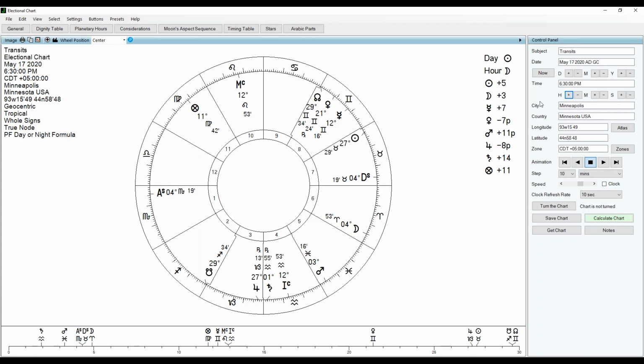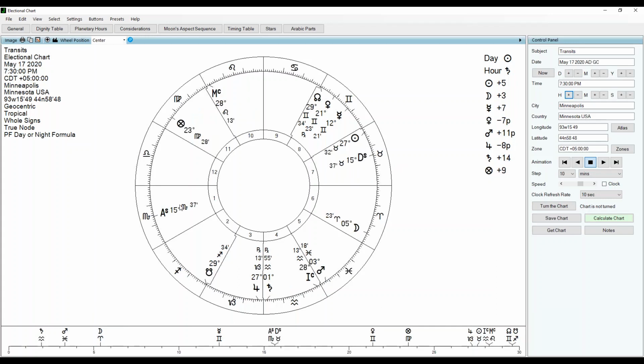And let's go 1 more hour to 7:30 p.m. and you can see it's closed even more. Now the distance between them is only 77 degrees. Now again, the horizon and the meridian have not changed. They are exactly where you are at the location of this chart.